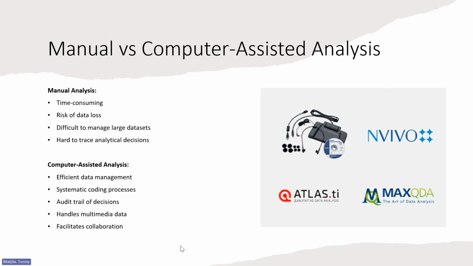So imagine you are analyzing 20 or more interviews manually, versus having software that can help you to organize, to code, and to retrieve data instantly. I must also emphasize that this software doesn't think for you. You are still the analyst making those interpretive decisions. But it makes the mechanical aspects of analysis much more manageable and systematic.